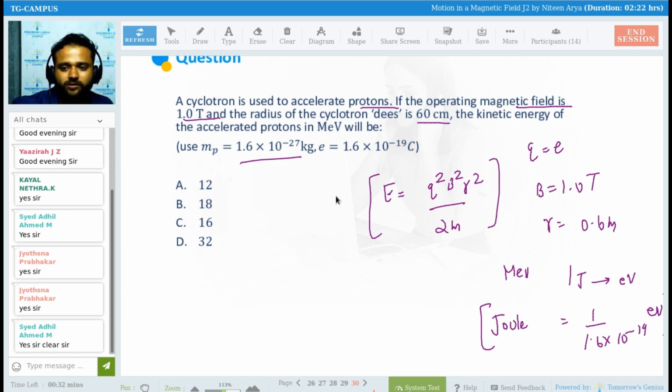Okay, do this and tell me. I already wrote the whole answer. Do this and tell me the correct answer in mega electron volt, 10 to the power 6 electron volt.